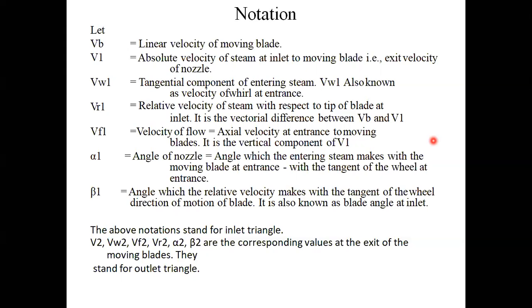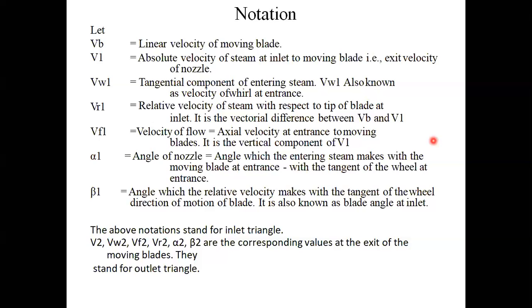Alpha 1 is the nozzle angle, the angle which the entering steam makes with the tangent of the wheel at entrance. Beta 1 is the angle which the relative velocity makes with the tangent of the wheel and direction of motion of the blade. It is also known as the blade angle at inlet.